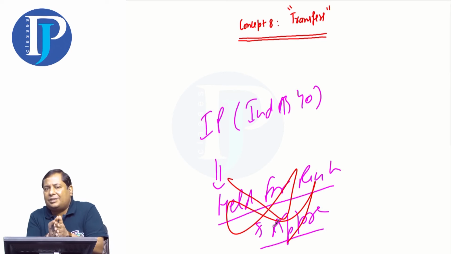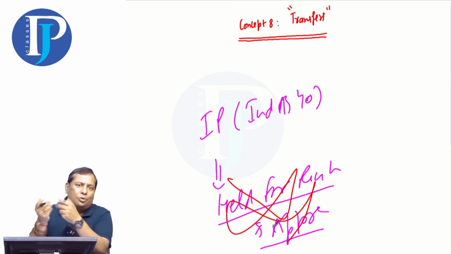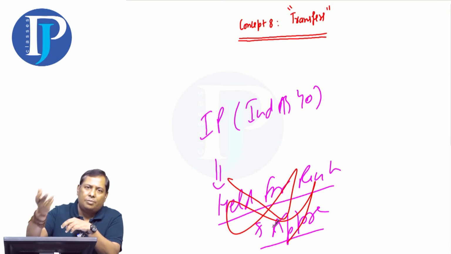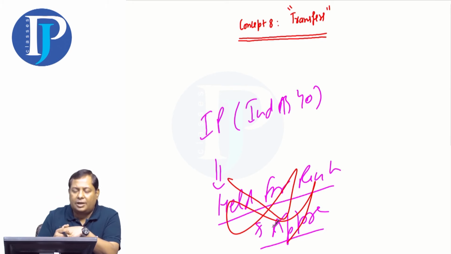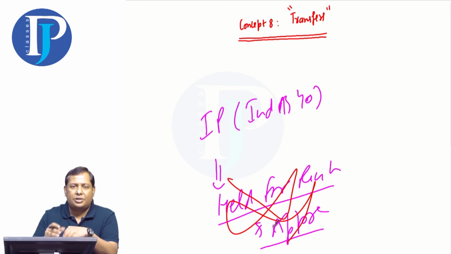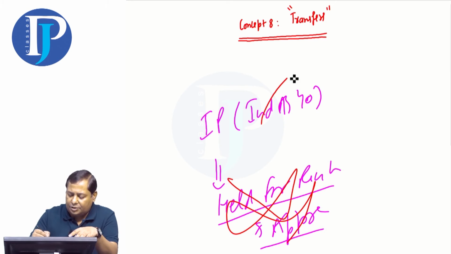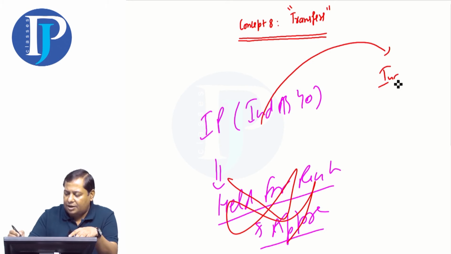Pay attention over here. If you have covered any property under 40, and later on your intention changes that I'm going to use it in the business, this is my PPE, this is called a transfer. Transfer means change in heading, and change in heading can be in many ways. So you will have to transfer it to Ind AS 16, okay?